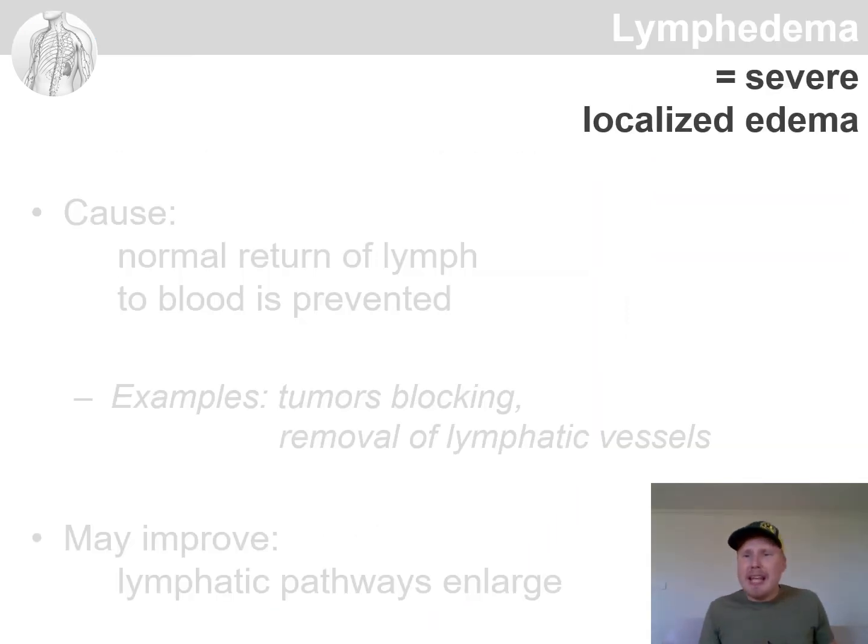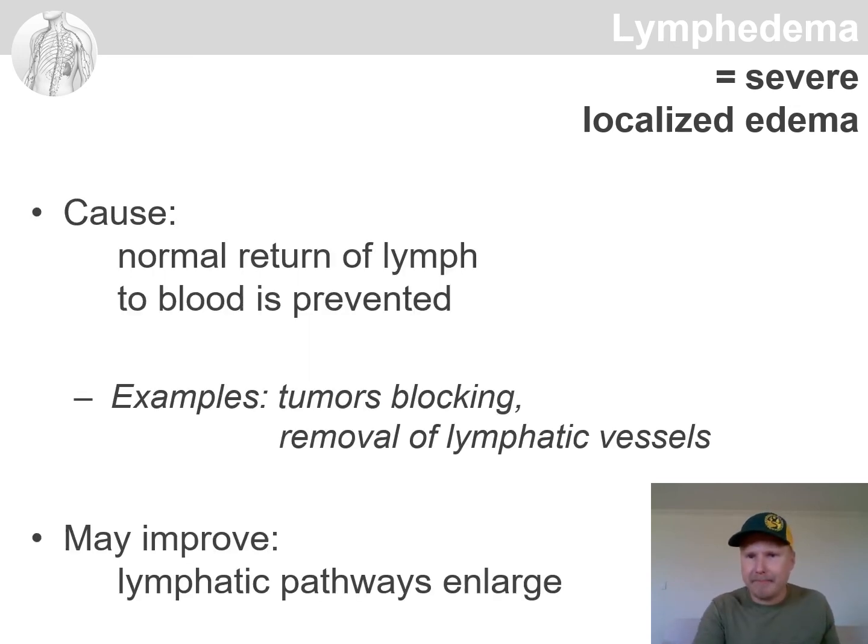I think we should take a little step and talk about clinical relevance here. So I wanted to introduce the term lymphedema. And this is where there's too much lymph building up, and it is not drained by the lymphatic vessels as it should be.